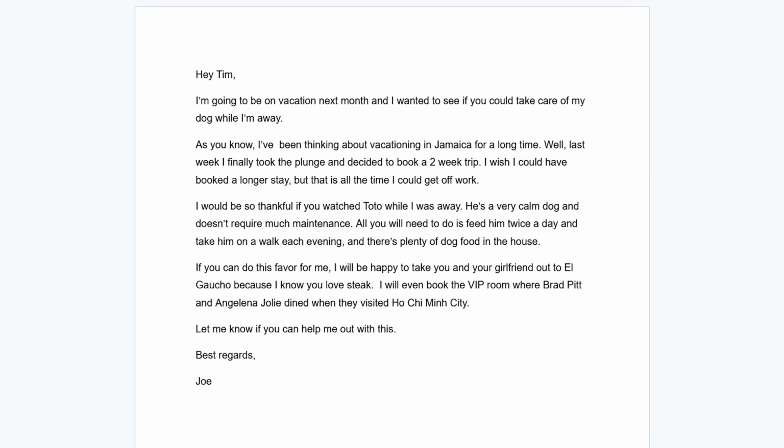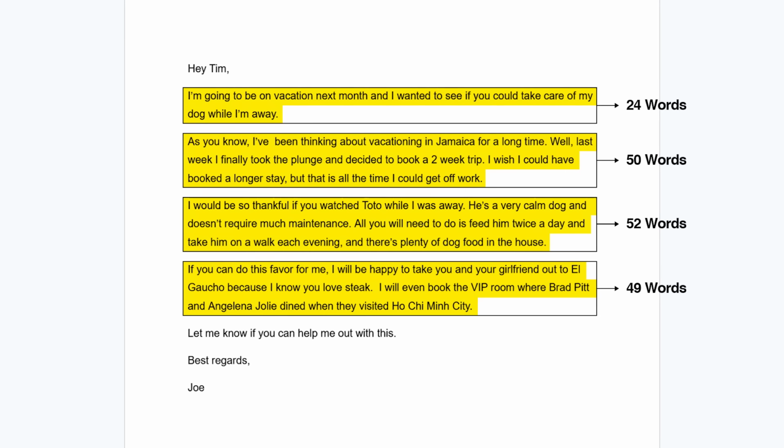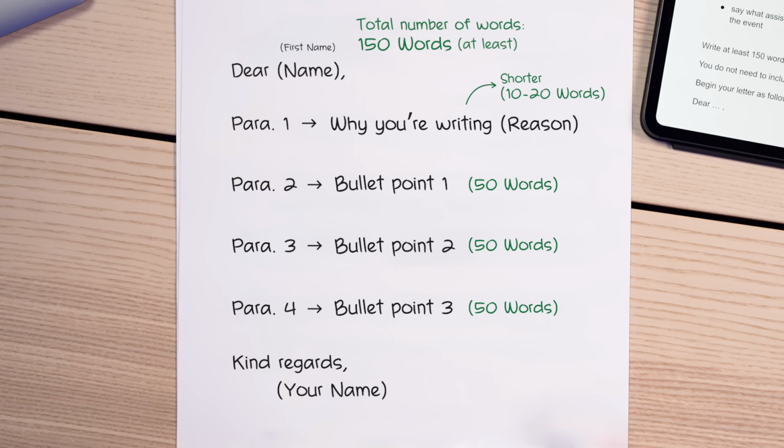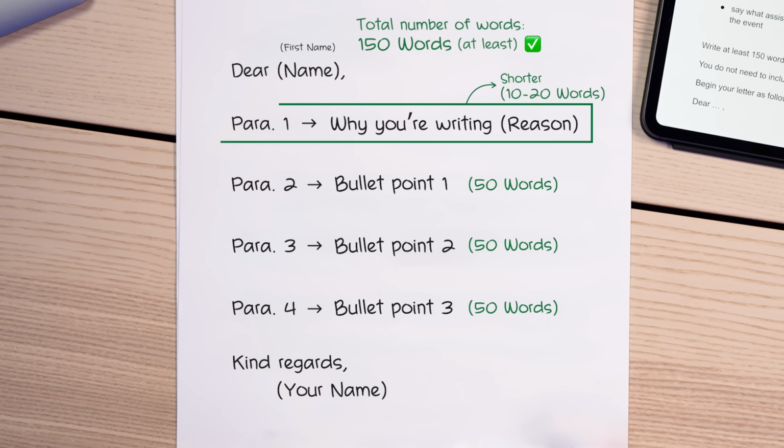But what you should get used to is, what does 50 of your words look like on a page? Or generally, what does that feel like when you're writing it? If you get used to that, it guarantees that you will write at least 150 words, and then this will put you over the line. If you are unsure, always go for more than less. We'll see when you start writing, but generally it is about 2 or 3 sentences.